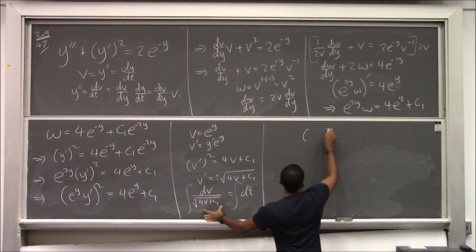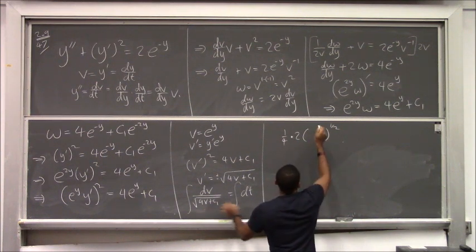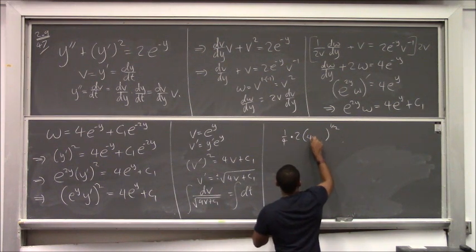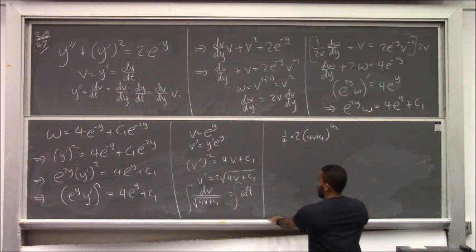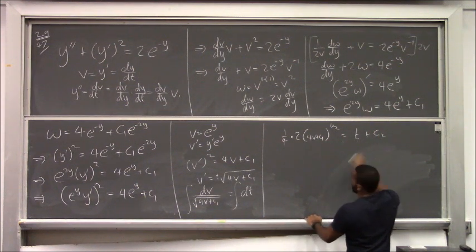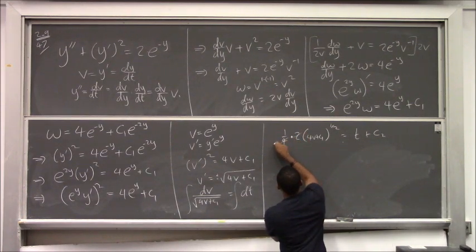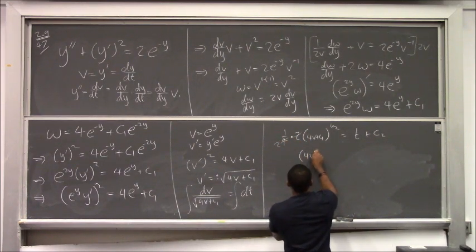So we know we're going to add 1 to the power to make it positive a half, divide by the new power. And then our du is going to give us a quarter factor. So now we would have just 4v plus c1 equals t plus c2, right? So this is, of course, here a half. We multiply both sides by 2.